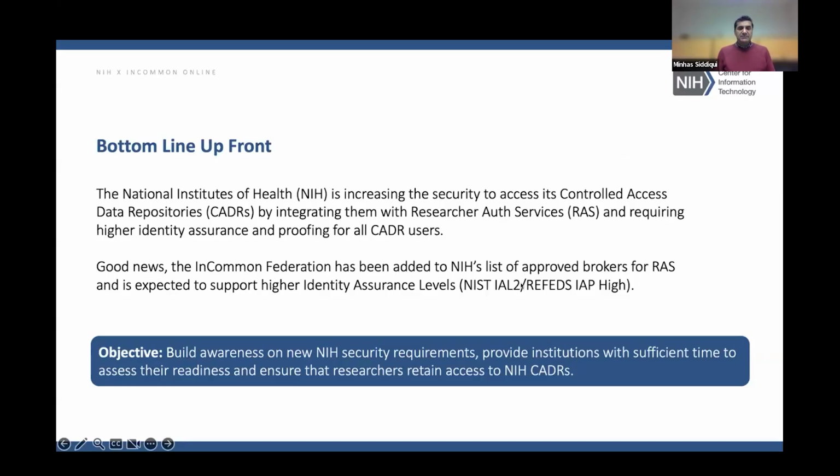As Anne mentioned, I am the CIT IAM architect, as well as the federal lead for the RAS Auth Services, or RAS. Researcher Auth Services, or RAS, which we will talk about more in this presentation. Next slide, please, Anne.